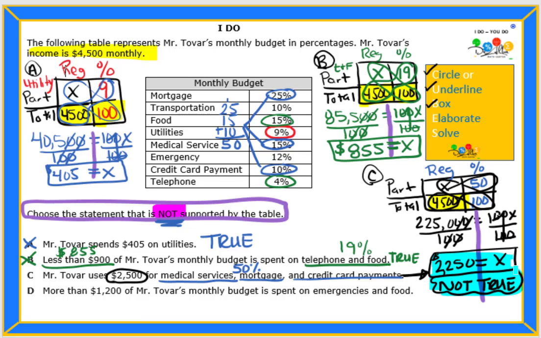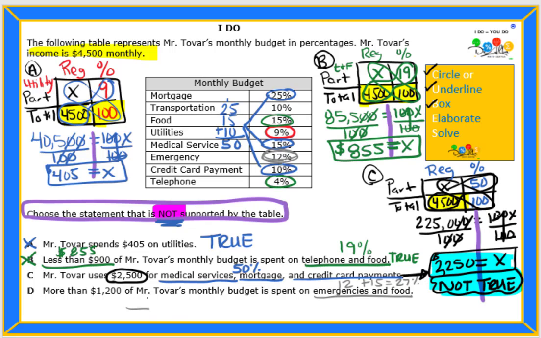So more than 1,200 of Mr. Tavares' monthly budget is spent on emergencies and food. Okay, so let's look. Emergencies and food. Emergencies is 12% and food was 15. So 12 plus 15 is 27%. And so we could build a proportion with 27%.